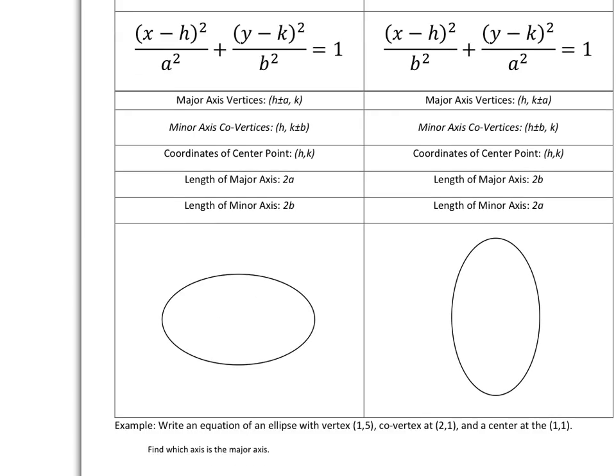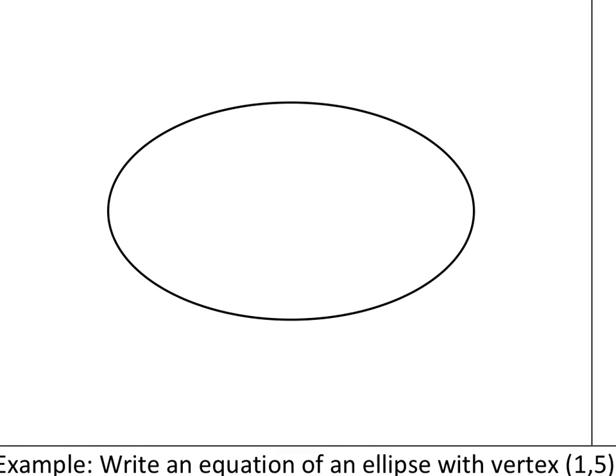Let's label all the parts of our ellipse, and then we'll go back to the formula. The major axis for this one is horizontal, and it just goes straight across. So that is the major axis.